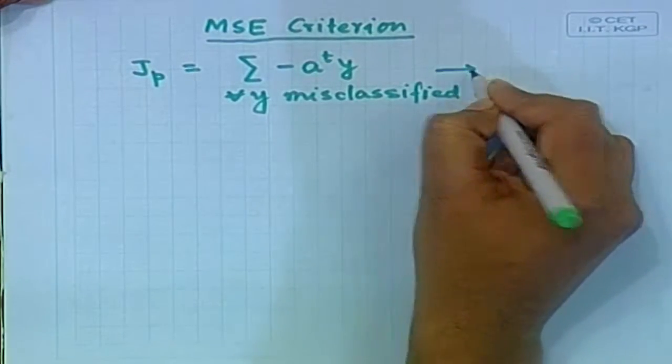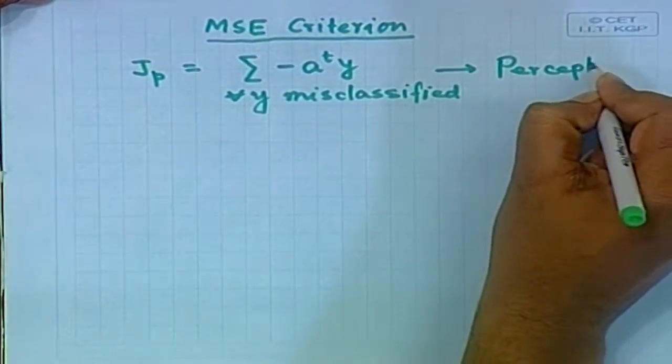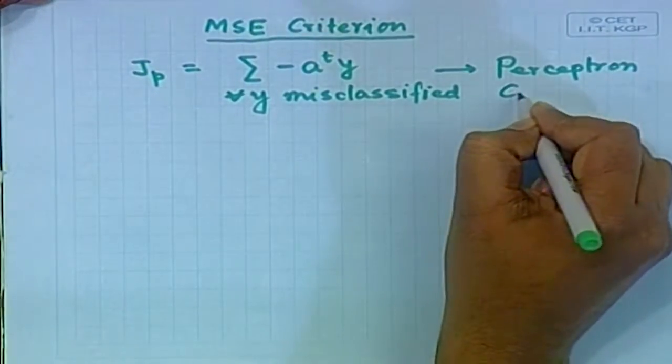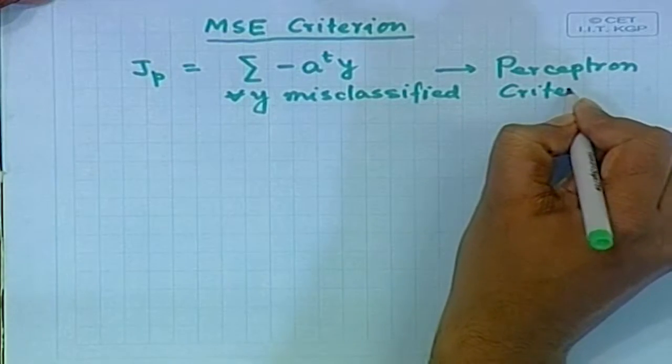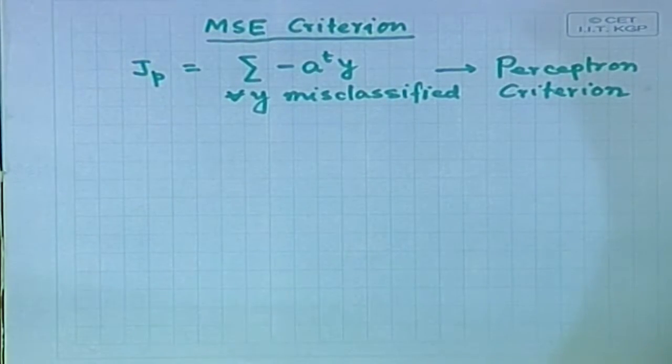So this was the perceptron criteria function. And our aim was to find the weight vector A which will classify all the training samples properly.